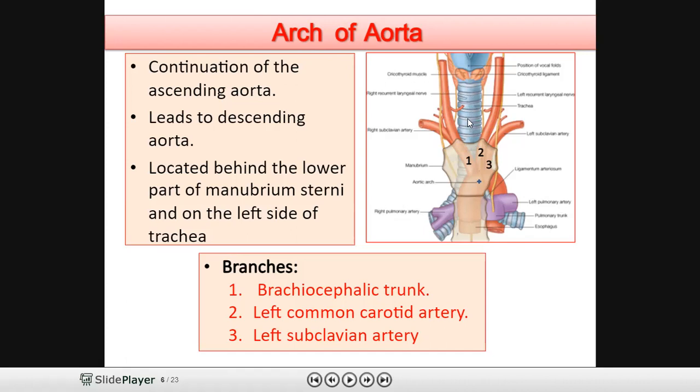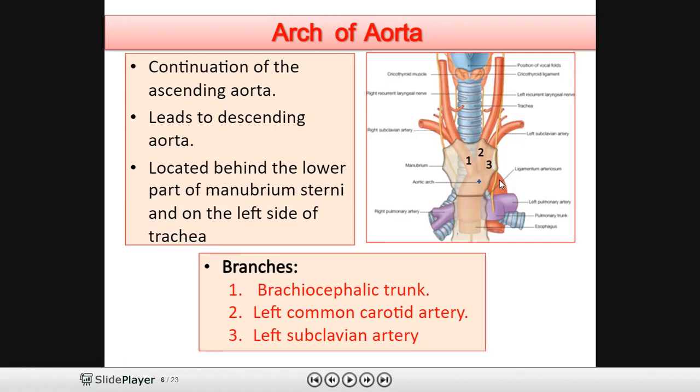It is in the middle like this, but the aortic arch is to the left side of the trachea. So anatomically, the aortic arch is located behind the manubrium of the breastbone, and on the left side of the trachea or the wind pipe.